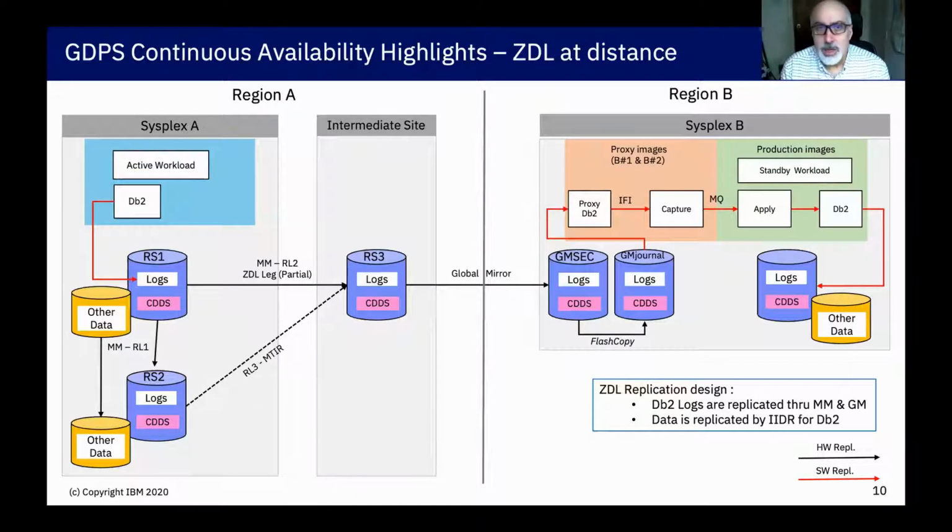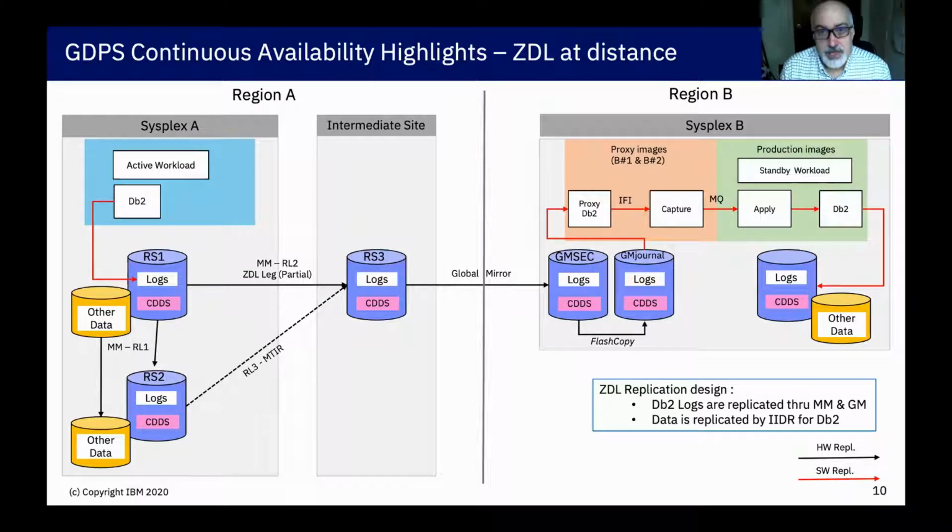And on that note, we are now down into the small tens of seconds for doing a planned region switch for our, let's say, gold standard client who has GDPS CA implemented, where they're switching 7 workloads which comprise their entire banking environment between their 2 sysplexes.